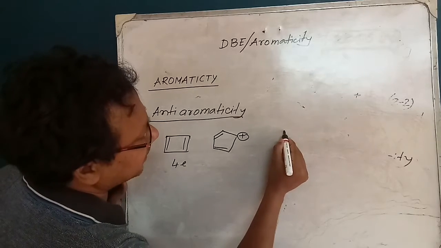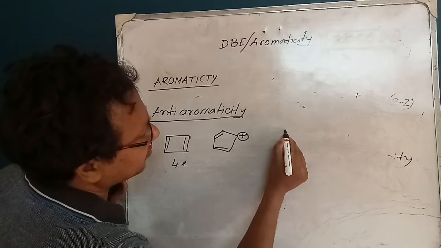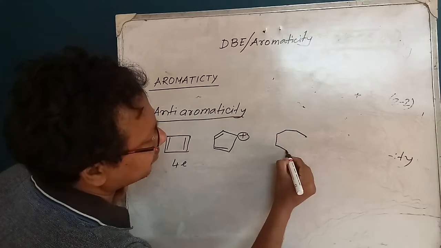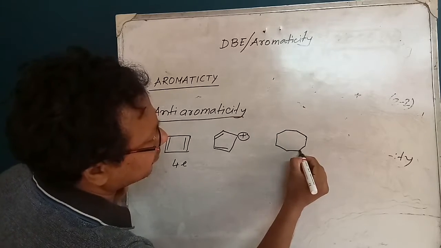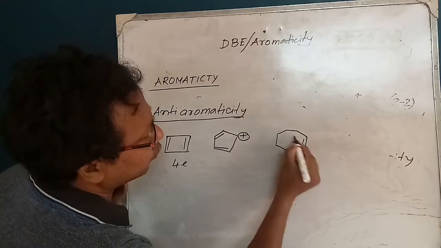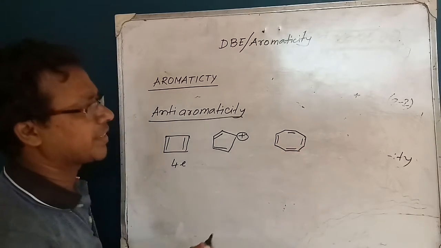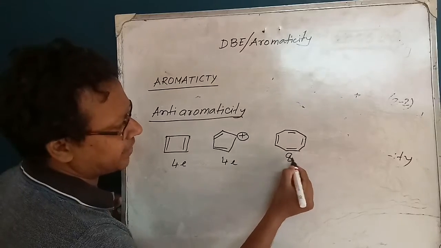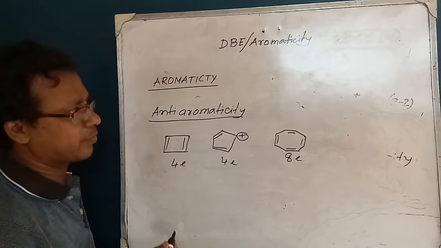Here it is 1, 2, 3, 4, 8 electrons. 4 electrons anti-aromatic, 8 electrons also anti-aromatic.